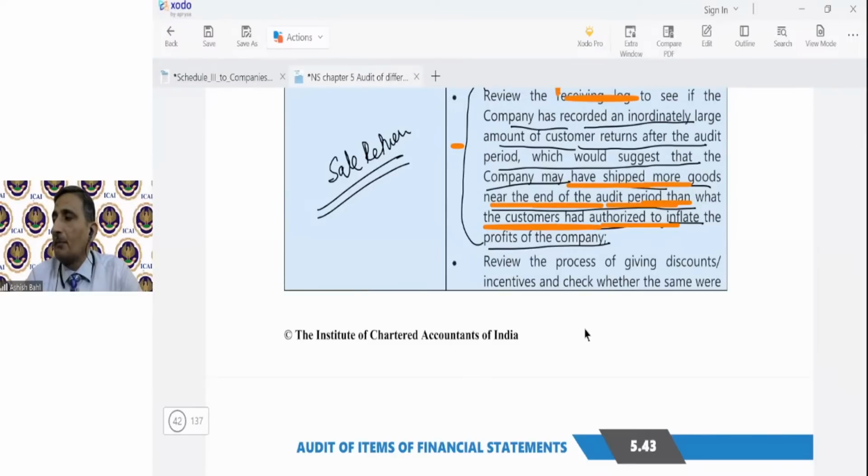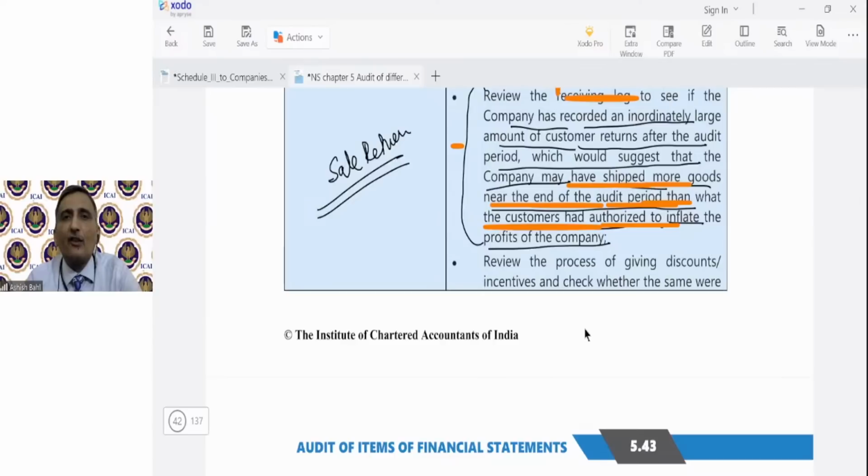Swati, you are saying explain negative confirmation request once again. Negative confirmation requests, Swati, are those requests which are sent directly by the auditor, in which the auditor requests the confirming party to respond only when he disagrees with the information requested for.